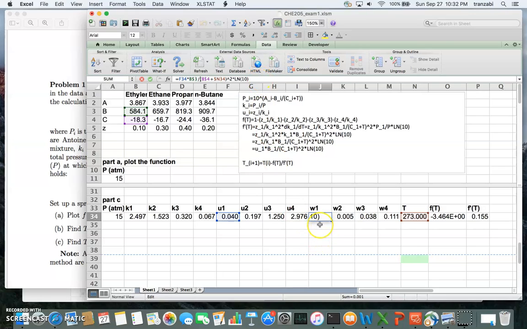This is w1. You hit enter and just drag it to the right. You get w1 to w4.